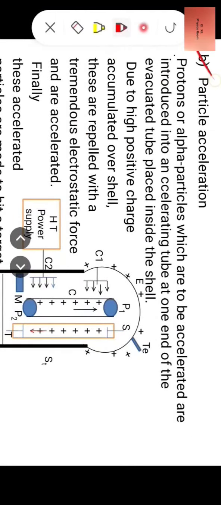B. Particle acceleration. After learning about high voltage generation, now we come to particle acceleration. Protons or alpha particles which are to be accelerated are introduced into an accelerating tube at one end of the evacuated tube placed inside the shell.